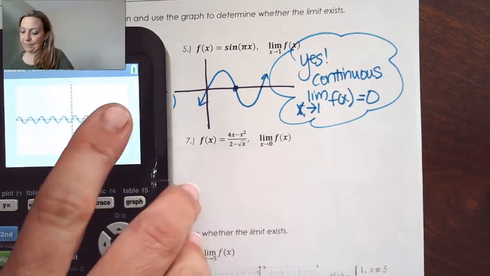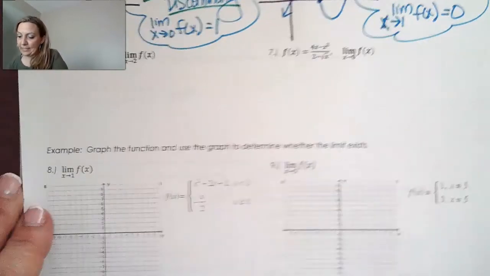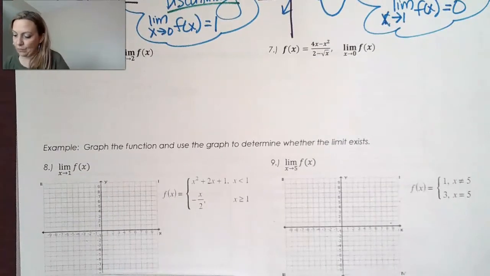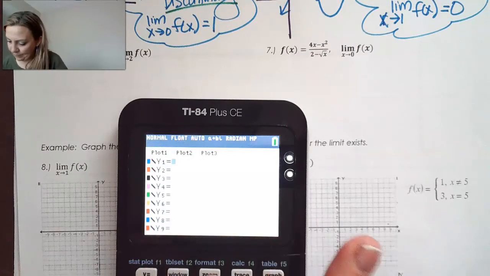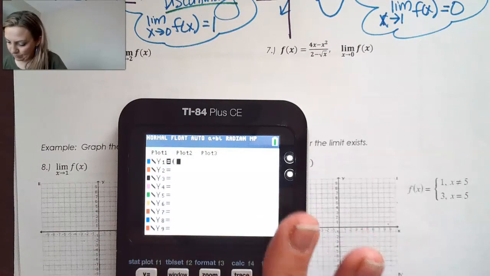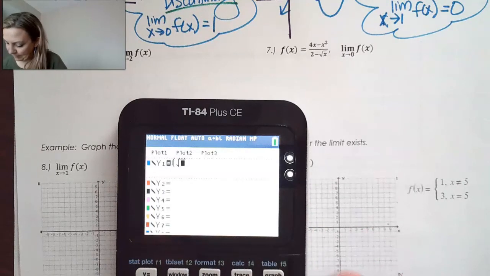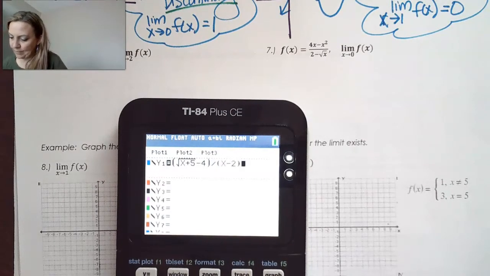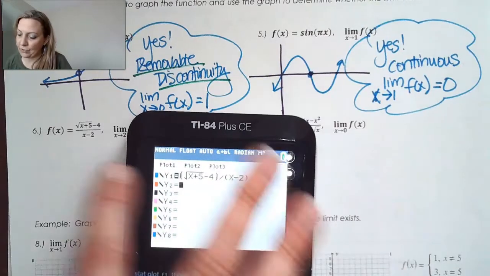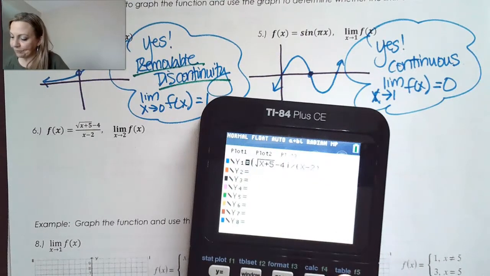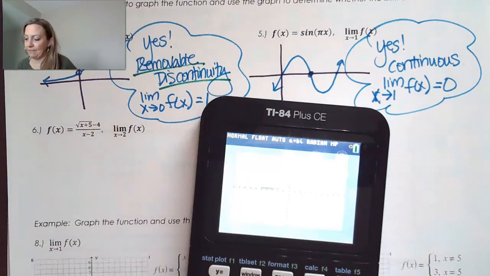Okay. Let's look at number 6. We have f of x equals the square root of x plus 5 minus 4 over x minus 2. We want the limit as x goes to 2. We can see that that's going to be undefined.